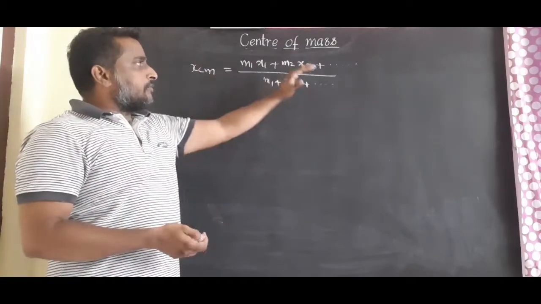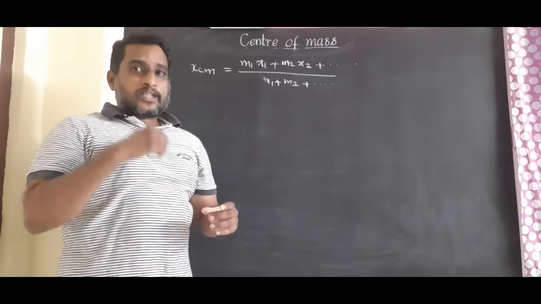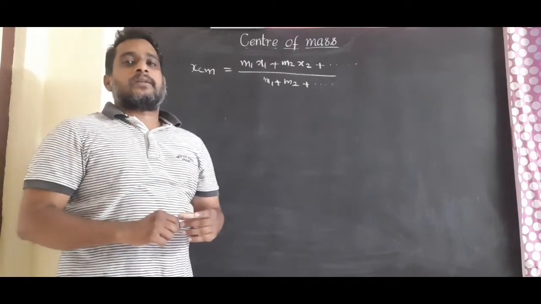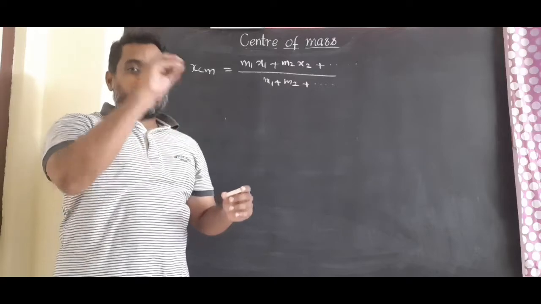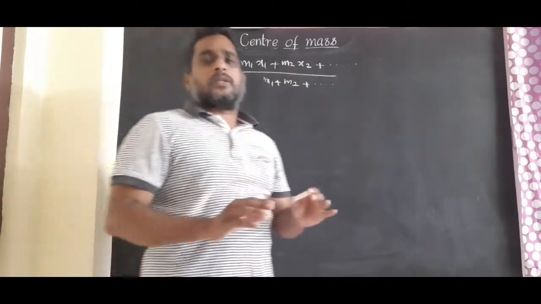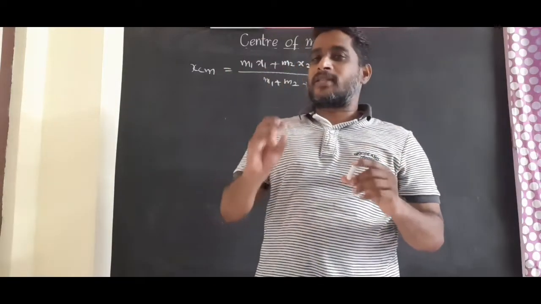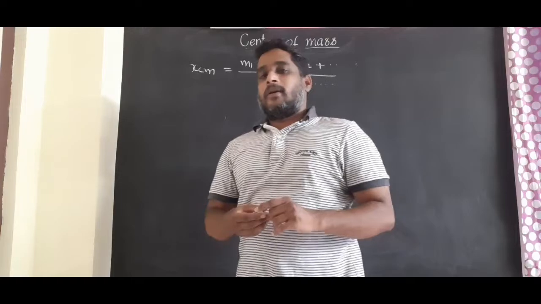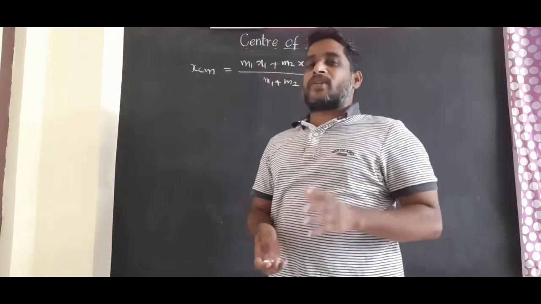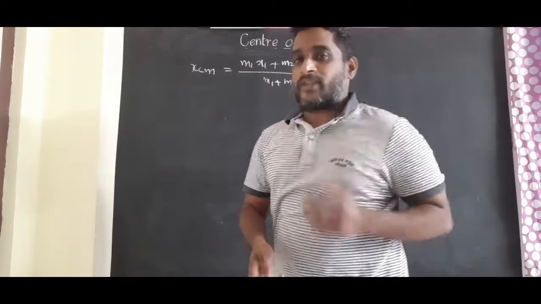See, this equation will be helpful to locate the x-coordinate of center of mass in case of discrete particles system. We cannot use the equation as it is for the continuous mass distributed bodies. So we have to modify this equation and apply it in case of continuous mass distributed bodies.